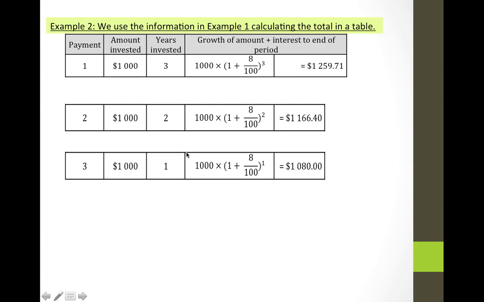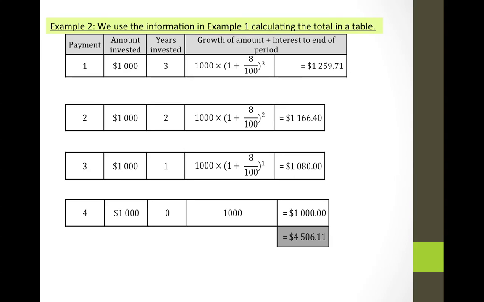At the end of year 3, that $1,000 will have 1 year left to earn interest at 8%, and that would have grown to $1,080 at the end of the 4th year. The $1,000 invested at the end of the 4th year does not have any time left to earn interest, so that just stays at $1,000. Adding up these 4 amounts gives us the total in the account of $4,506.11.